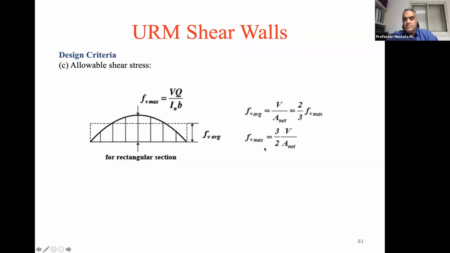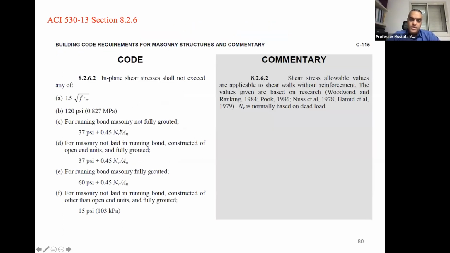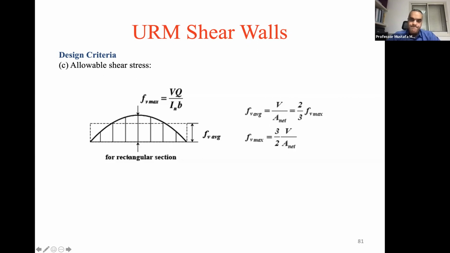Therefore, for a rectangular cross section, like we learned in strength of materials, we have 3/2 V divided by A net. So that's how we calculate the small f, instead of using VQ over Ib. We can just use that and then compare it with the F sub V, which is shown in this section here.